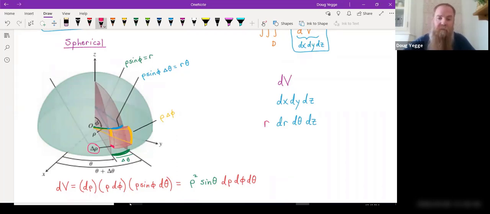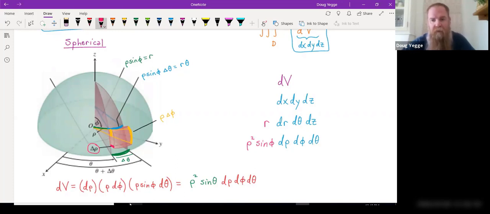And now after this geometric proof down here, if I wanted to convert this again into d rho, d phi, d theta, or d theta, d phi, or whatever order, you can do that as long as you remember to have the extra multiplier of rho squared sine phi.